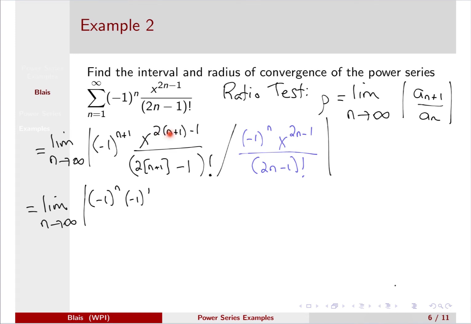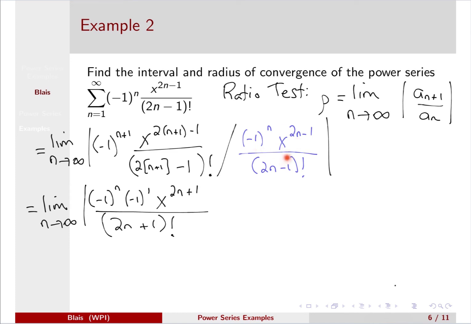So we get 2n plus 2, minus 1, so we have 2n plus 1. And in the denominator, we have the same. We have 2n plus 2 times 1, which is 2, minus 1, or plus 1.